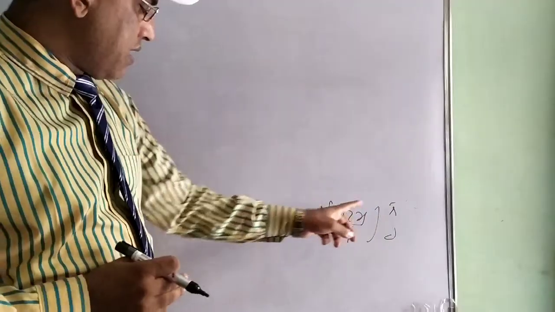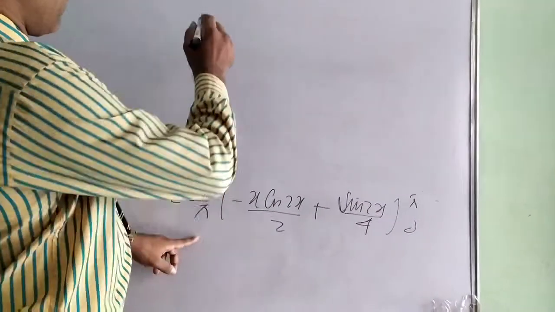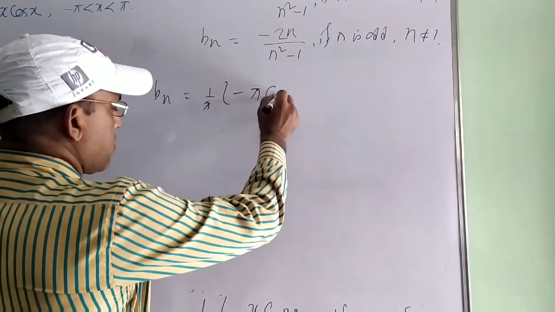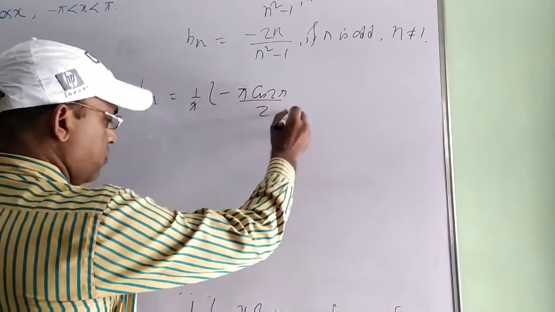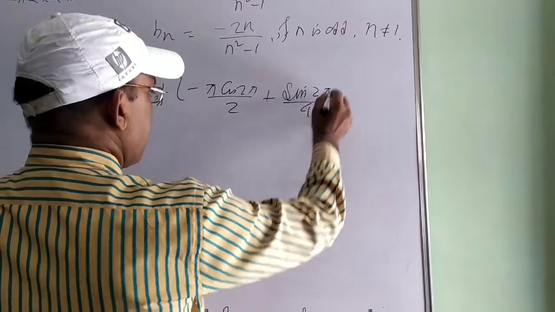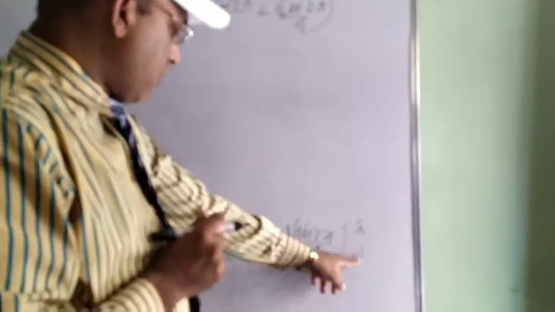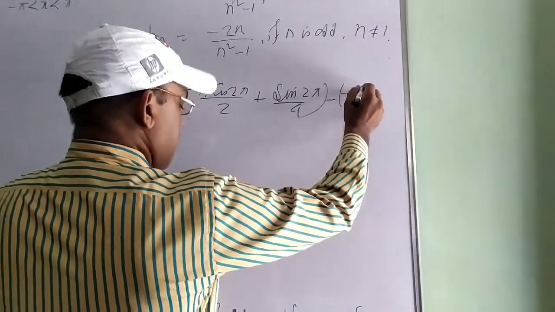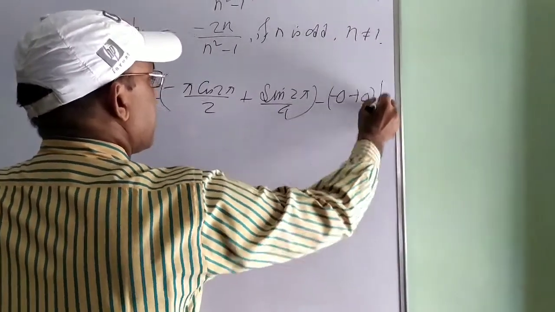If we put the upper limit, we get 1 by pi, minus pi cos 2 pi by 2, plus sin 2 pi by 4. And if we put the lower limit, this is 0, this is 0, so we get 0 plus 0.